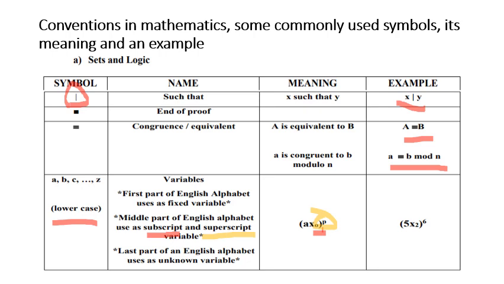It denotes the exponent. And the letters in the alphabet mean the unknown. Commonly, we use X for the unknown.